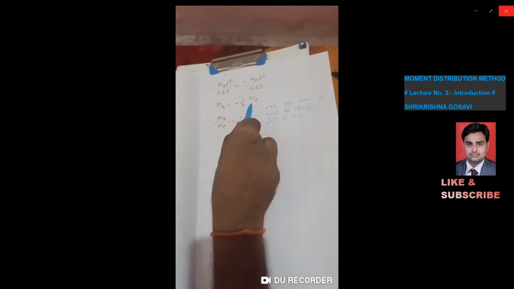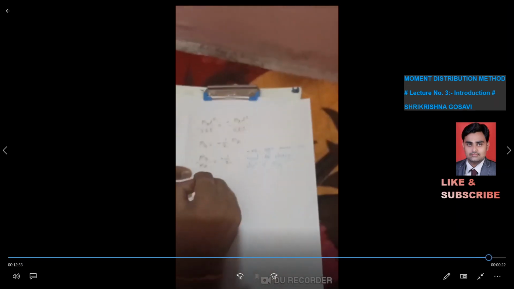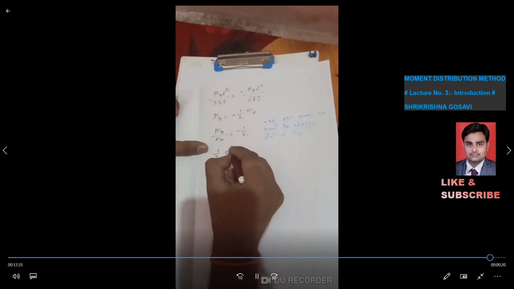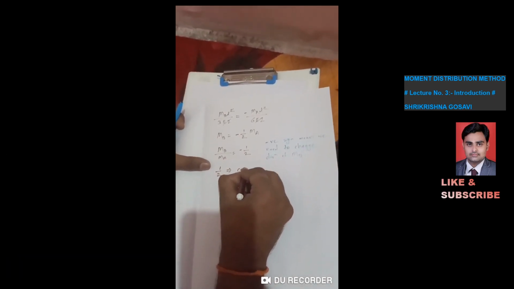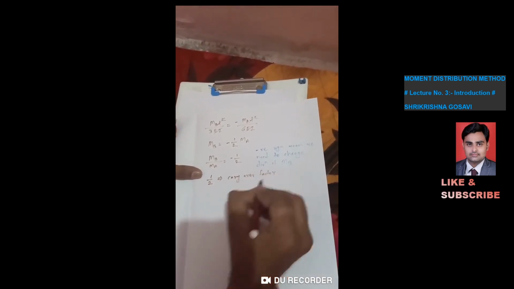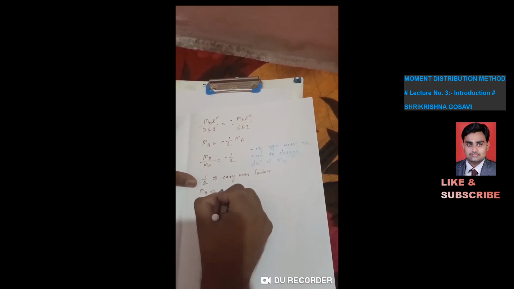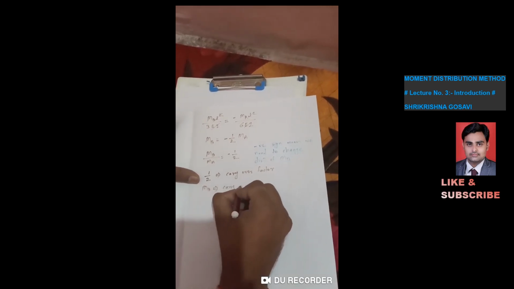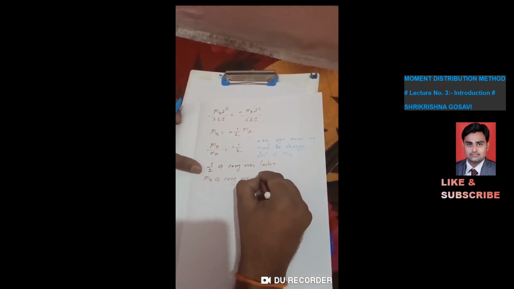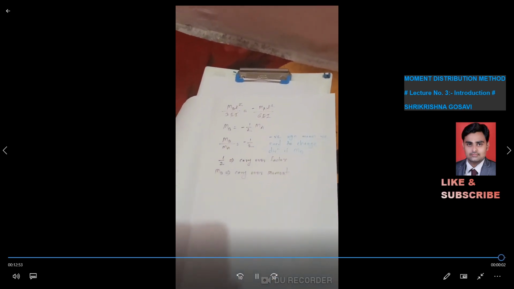So this 1 by 2 is called the carryover factor, and this MB is known as the carryover moment.